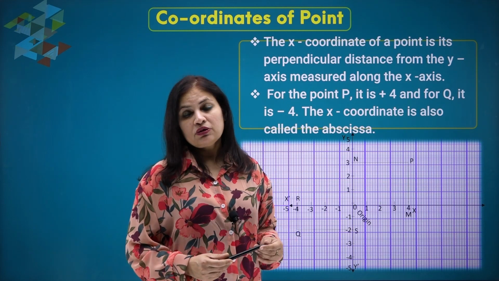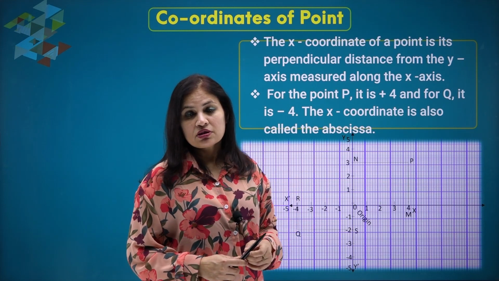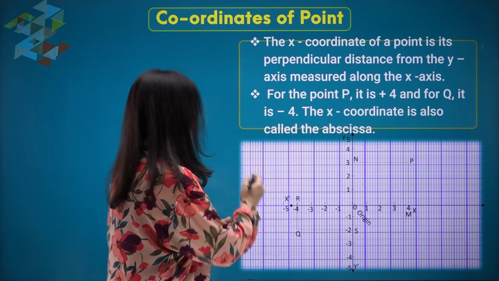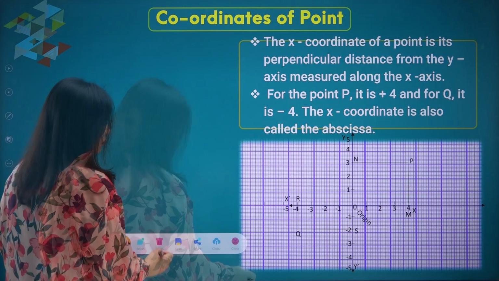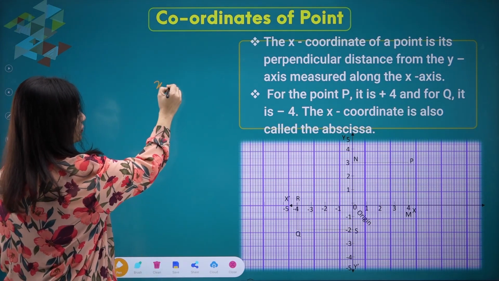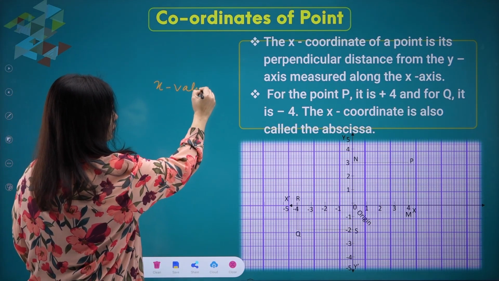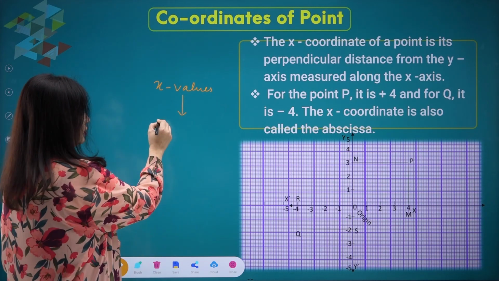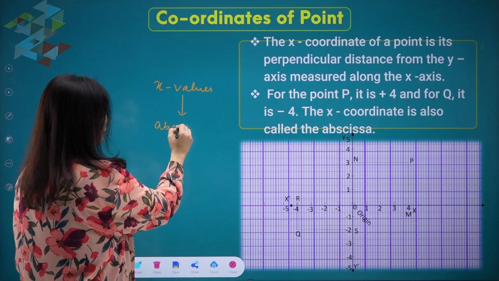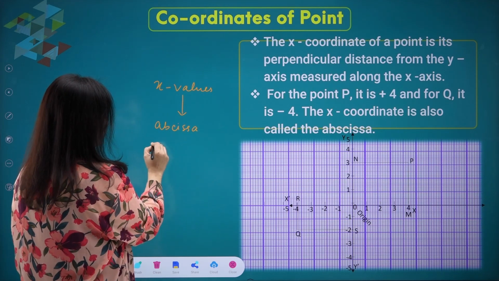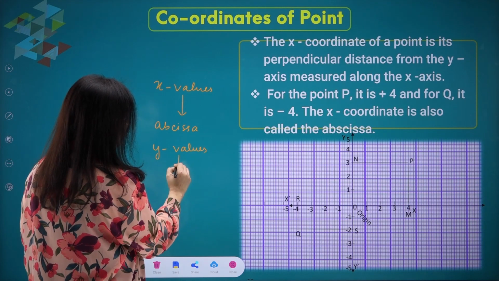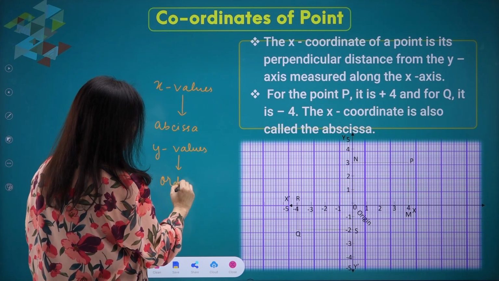The x values are known as abscissa, and the y values are known as ordinates.